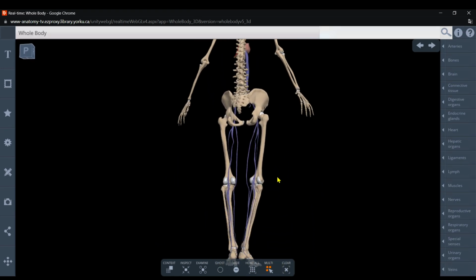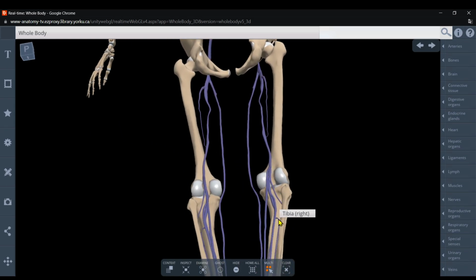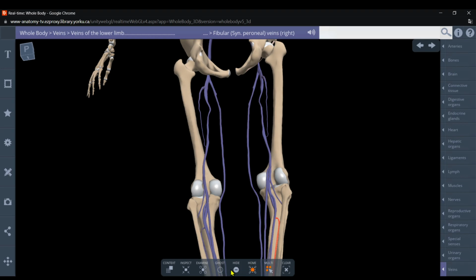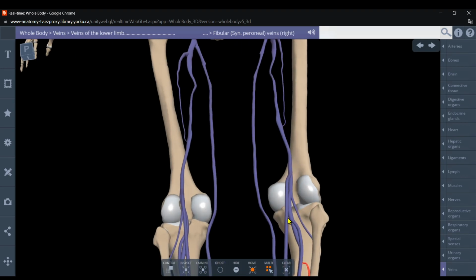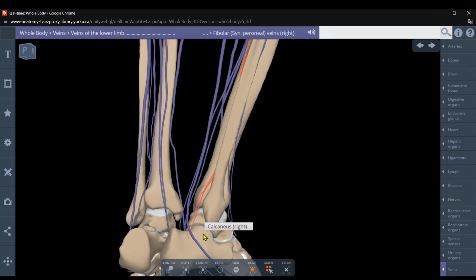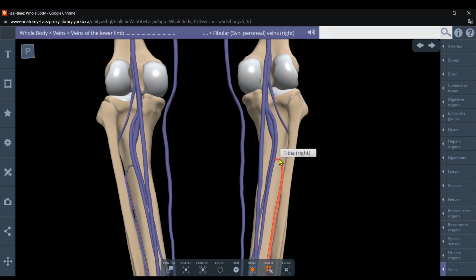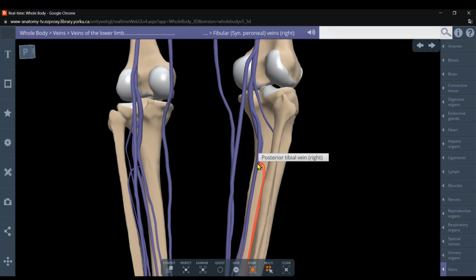Another pathway I'd like to discuss is starting from the fibular vein. Okay, so right over here. Examining from the fibular vein down here, the fibular vein is going to run all the way up and then drain into our posterior tibial vein.